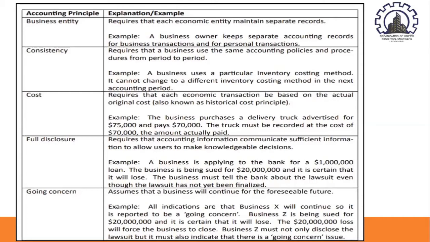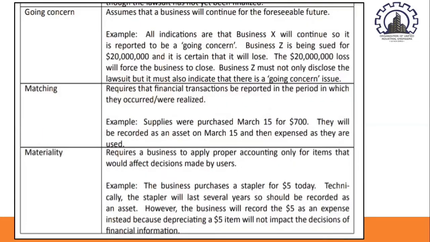Business Z, on the other hand, is being sued for $20 million, and it is certain that it will lose. The loss will force the business to close. Now, business Z must not only disclose the lawsuit, but it must also indicate that there is a going concern issue.